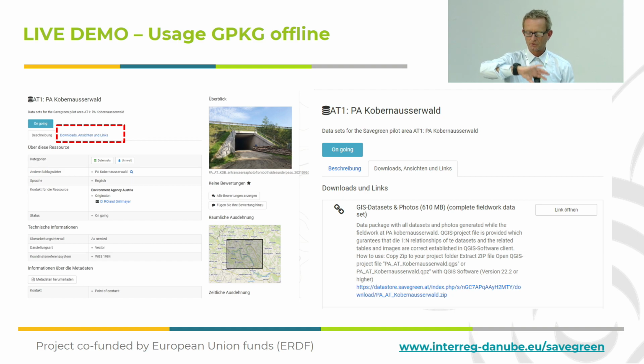Inside the GeoPackage are all mapped objects and also the photos. And we also provide a QGIS project file. So if you download it and open it in QGIS, you have all the data available and also the forms. So you have really easy access to all results of the field work and datasets.